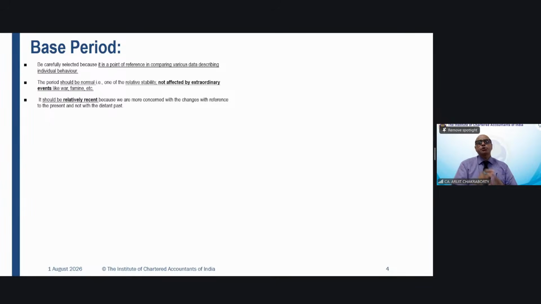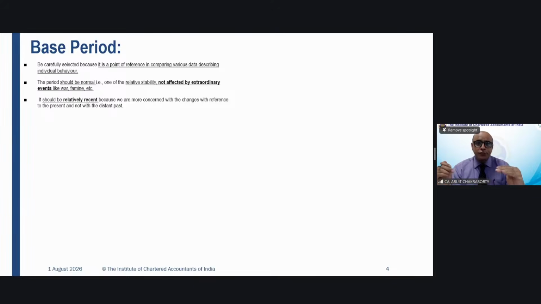So base year should be absolutely normal, जिसमें कोई भी instability नहीं होनी चाहिए. So there should be no extraordinary events like war, famine, recession, pandemic. It should be absolutely stable. Please remember this, because base year इस basis पे सारे calculations होंगे.